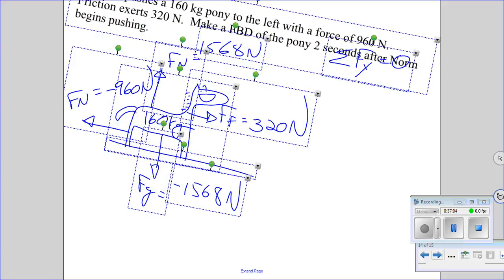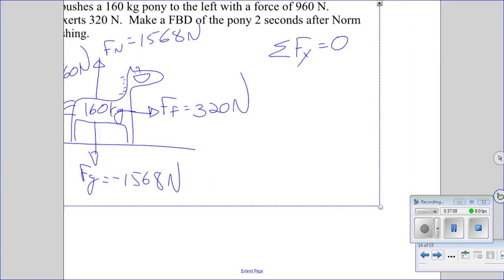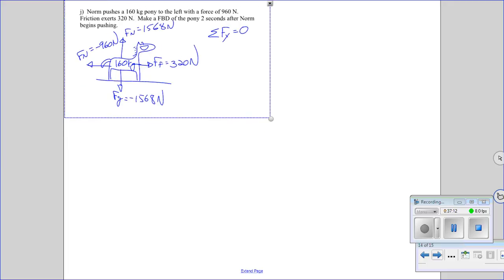Technically speaking, the net force is the normal force plus gravity, but those cancel out, plus my, oh no, what did I do wrong?